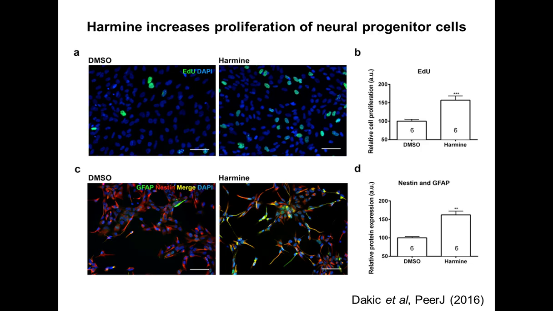And what we saw that was interesting is that there is an increase in the number of proliferating cells, the number of neural stem cells after the exposure to harmine. It's interesting, and not only the proliferation of these neural stem cells, but also of radial glial cells.